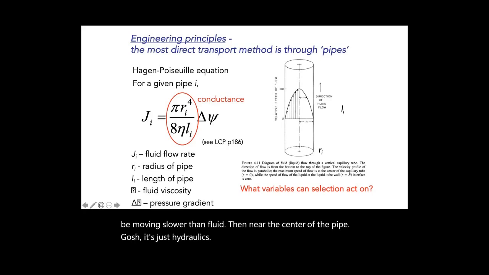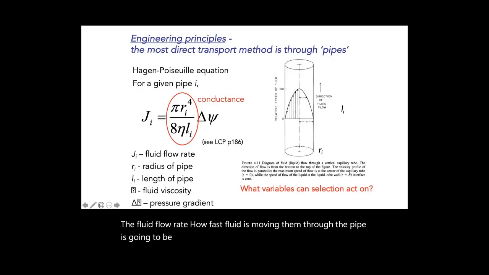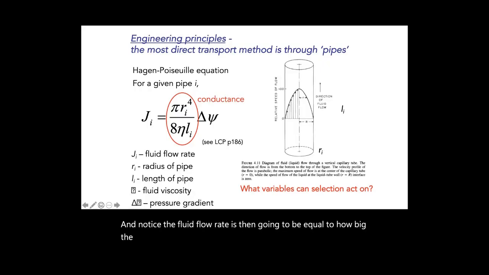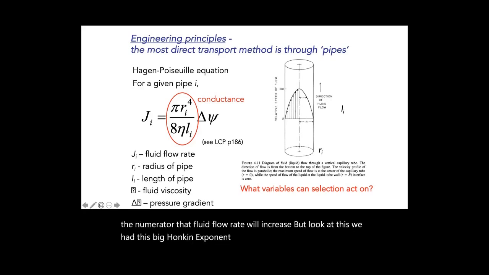Now, the fluid flow rate, how fast fluid is moving through the pipe, is going to be equal to this simple ratio. And in the numerator of the ratio, we have R, which is the radius. Notice the fluid flow rate depends on how big the pipe is, its radius. So as we increase the radius, as we increase the numerator, the fluid flow rate will increase. But look at this. We have this big honking exponent here of a fourth power.